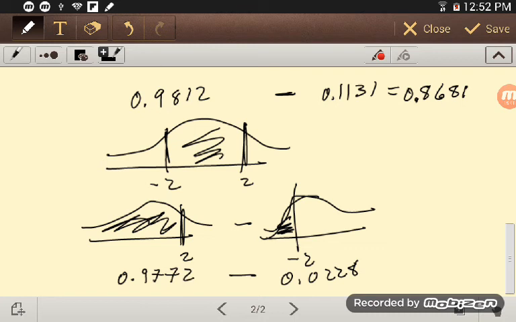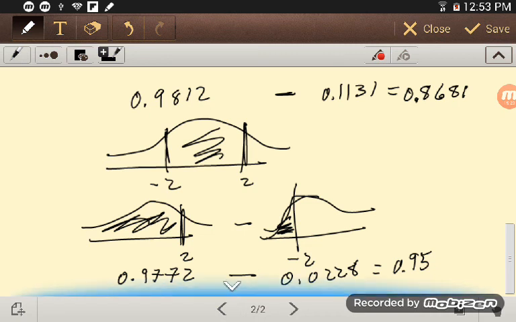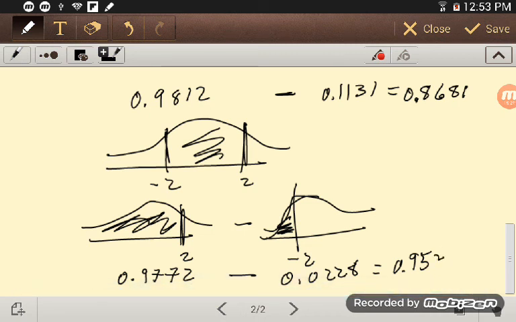We do that subtraction, and notice we get 0.95, so there's that 95%, or about 95%, and then a little bit left over, so looks like 44. So the actual amount between plus and minus two standard deviations is 95.44%, but we usually call it 95%.